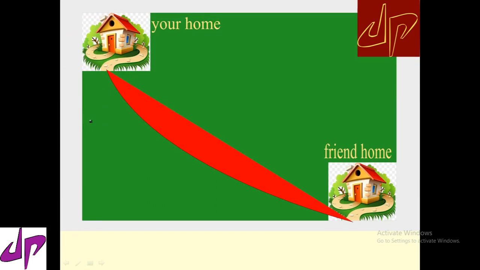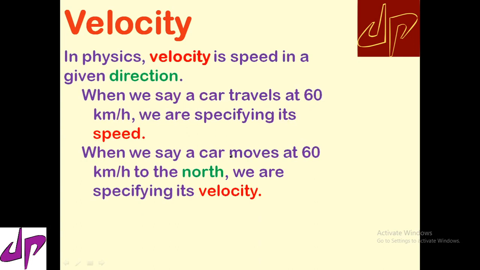Now just recall the concept of displacement. Suppose you want to reach your friend's house from your house, the shortest distance is the one which I have shown here. When you move from your house to your friend's house in that particular direction, we can calculate your velocity using the formula.